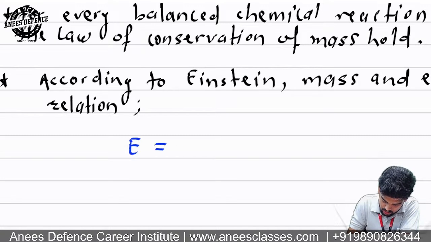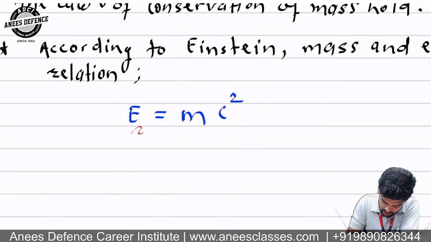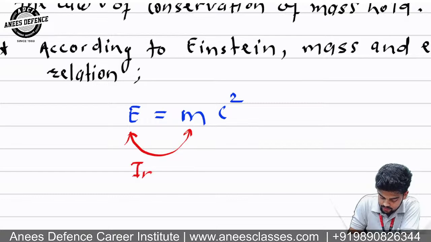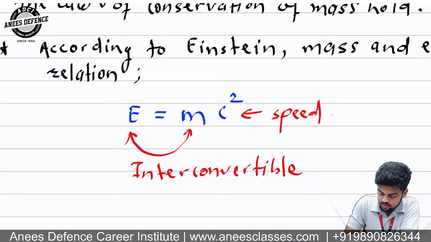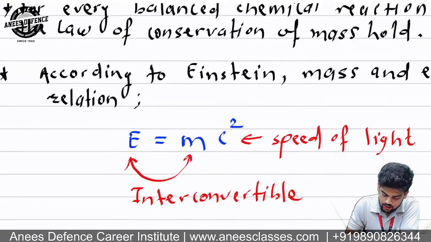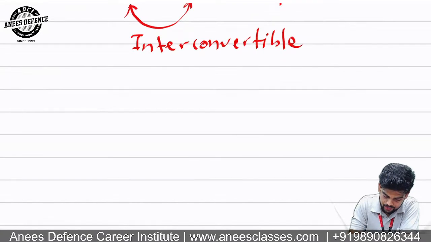E is equal to mc square. That is, we can say that energy and mass are interconvertible. Here, what is C? C is the speed of light.